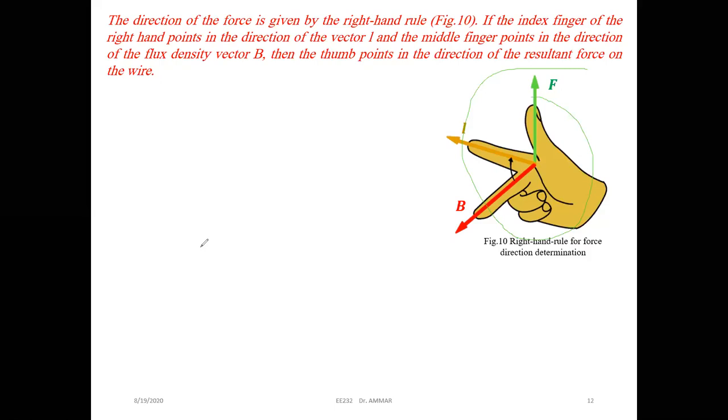Here the direction of L is the same as the direction of the current, because the current is flowing through this conductor. And B, the middle finger, points in the direction of B. So the thumb will point in the direction of the force. And this is the last point in this chapter.